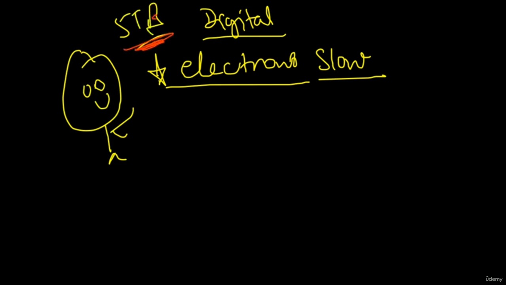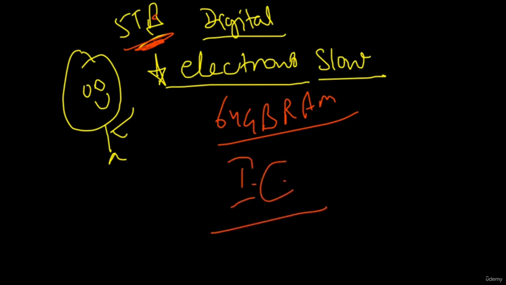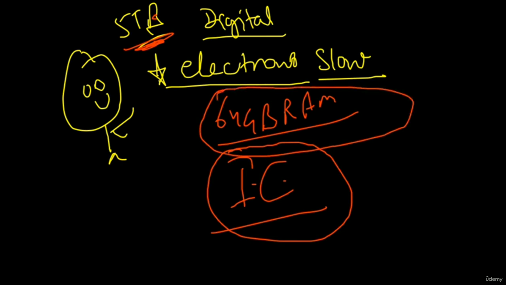I have 64 GB RAM, and maybe a lot more, like which generation of IC you have and all that kind of things. If you're curious, you know all these things. If you do not know, just don't get worried. We are going to cover what these things are in detail when we proceed in our sections.